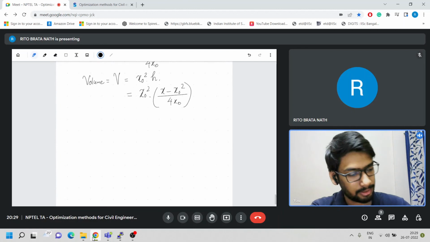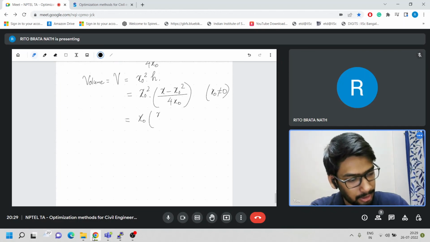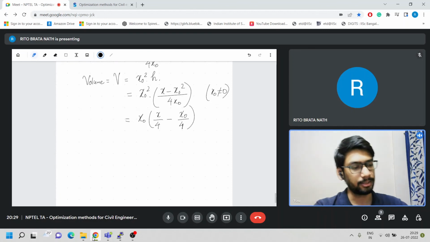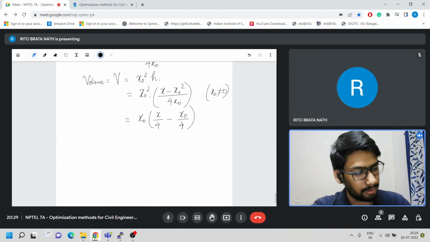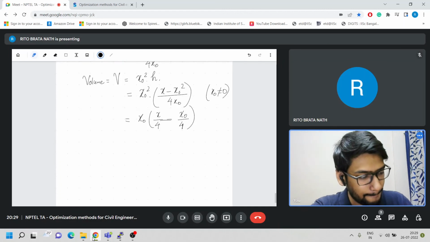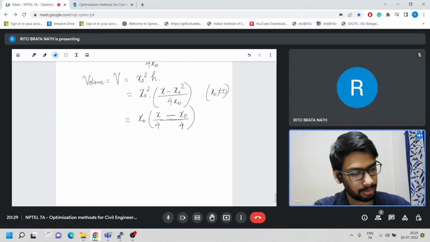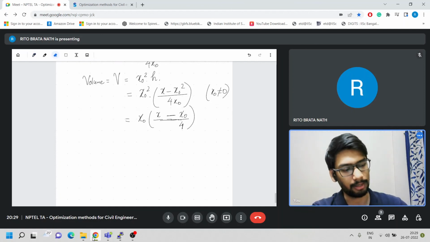And since x naught is not equal to 0, you can cancel this out, and it was there in the denominator as well earlier.